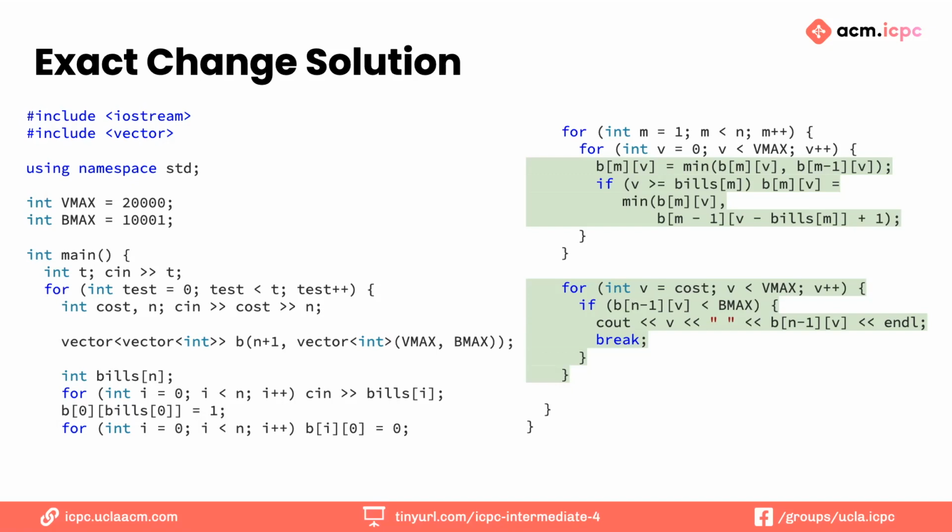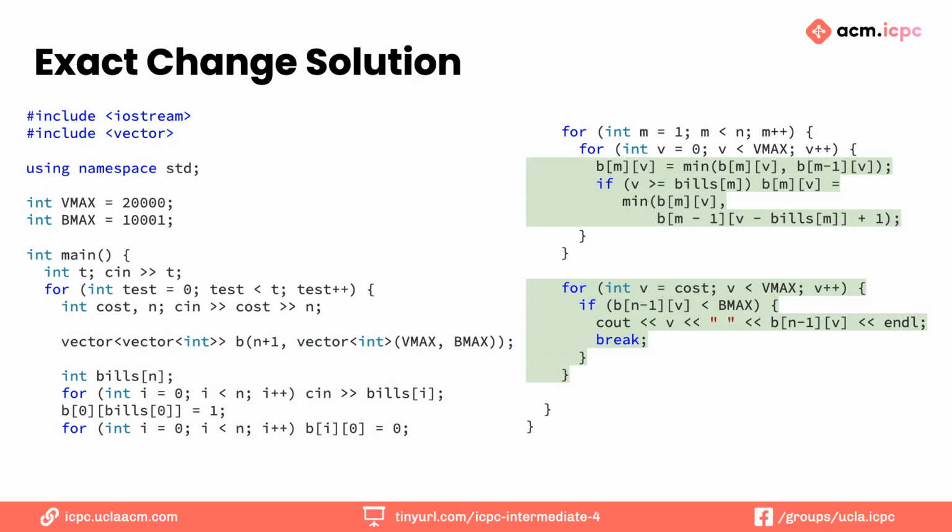And we then check if v is greater than or equal to bills of m, which basically means that we're checking to make sure that we're still in the array bounds. Assuming that we can go bills of m, which is the value of our mth bill, columns to the left, then we'll check that column and the row above. We'll add 1 to it, and we'll take the min of the current value and that in order to see what's the minimum number of bills needed to reach that value.